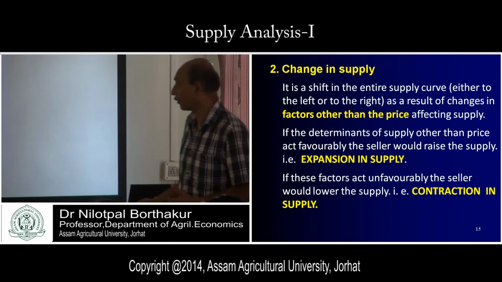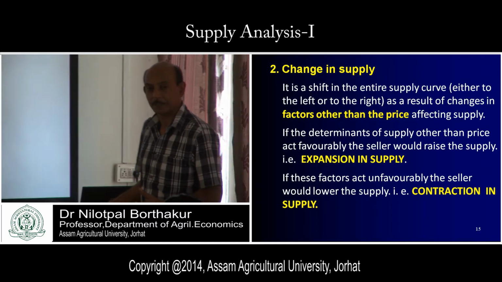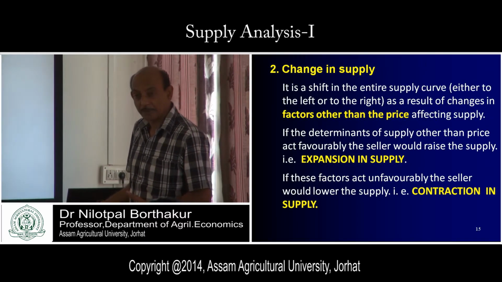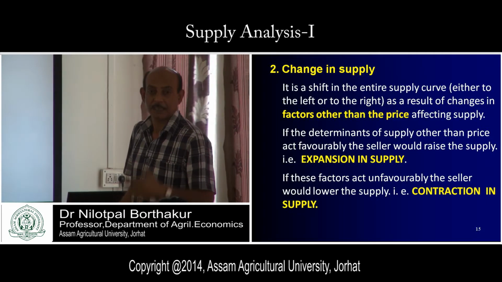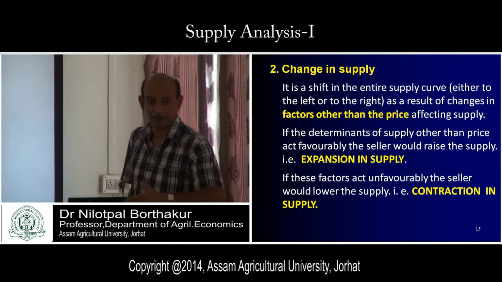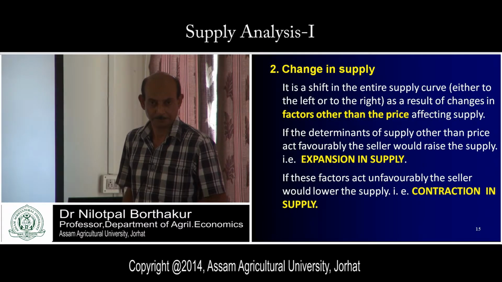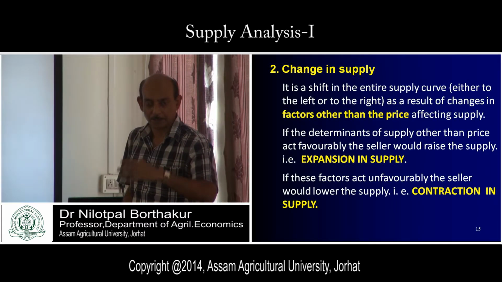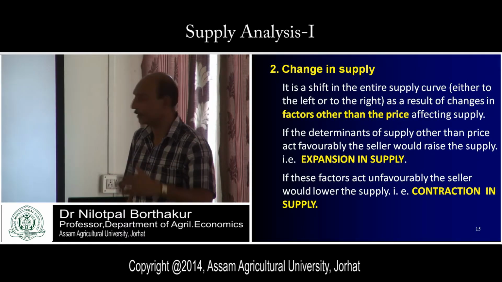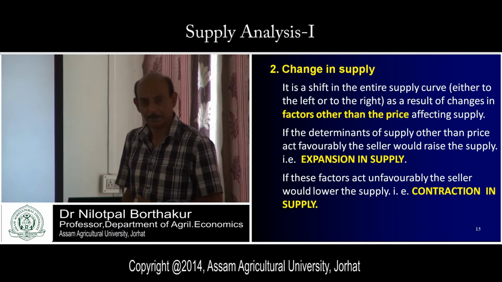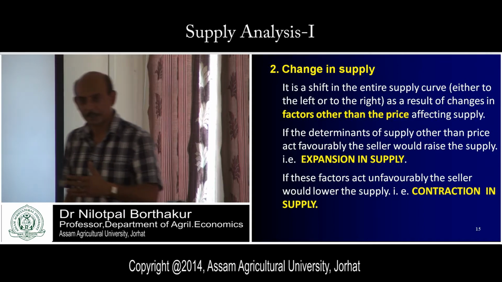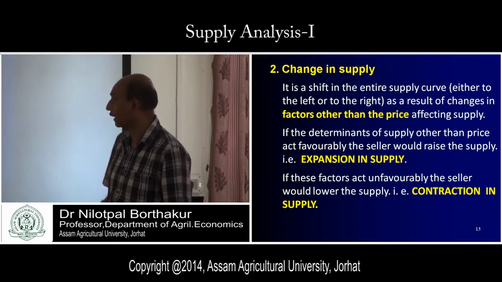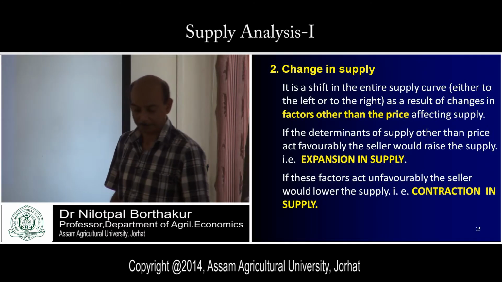So that is contraction in supply. Because the condition in the market is unfavorable to the sellers, he withdraws the commodity from the market at the same price. But when the conditions are favorable, he sells more at the same price. That is called expansion in supply.